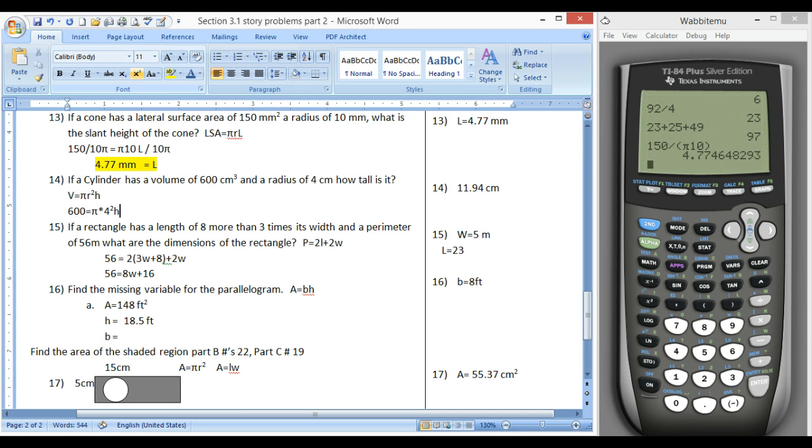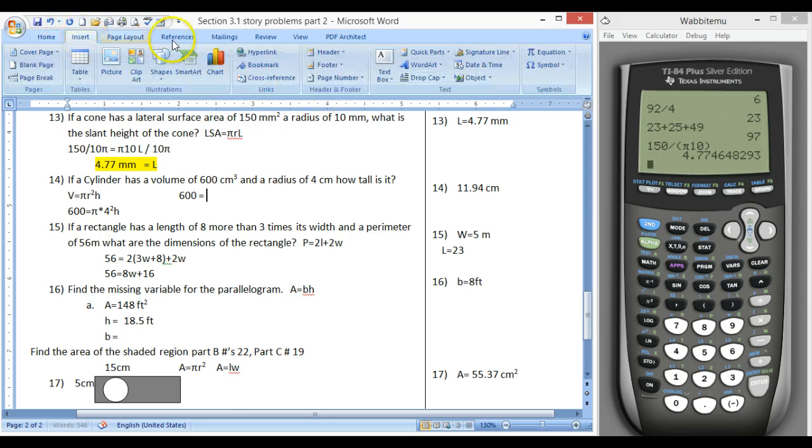I don't have h, so I'm going to leave it as h. There we go. Now for my next step, I'm just going to go ahead and calculate the 4 squared. So 600 equals pi, and 4 squared, 4 times 4 is 16, and I still don't know h.